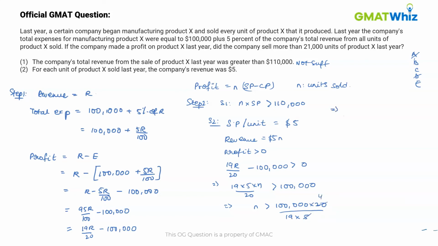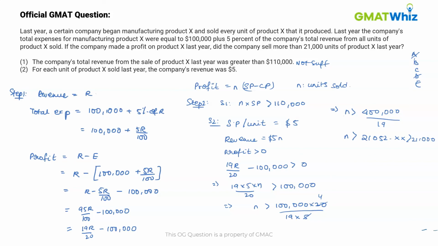So this implies that N is greater than 400,000 divided by 19. Now we can find the approximate value, and if we calculate further we get 21052 and a few decimal places. Now this is obviously greater than 21,000.